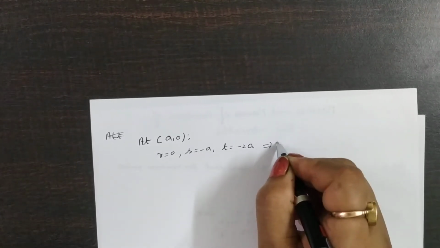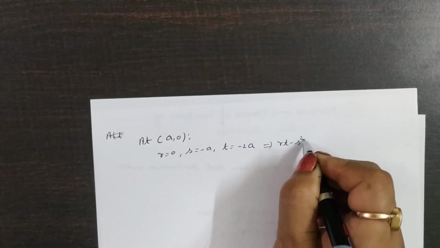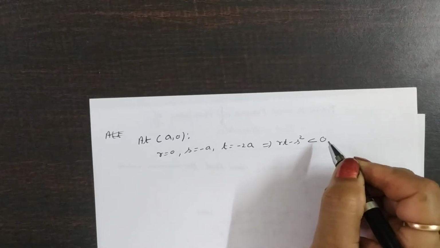This implies that rt minus s square is less than 0.